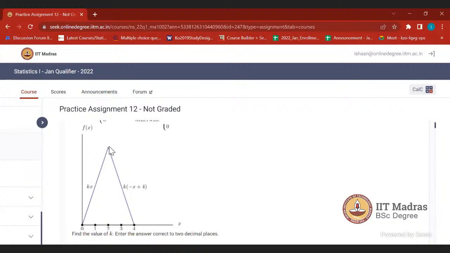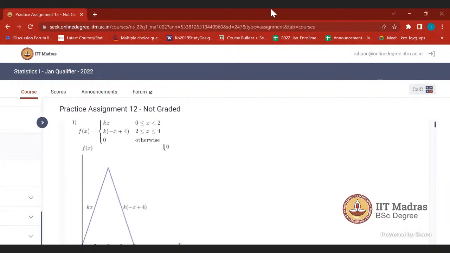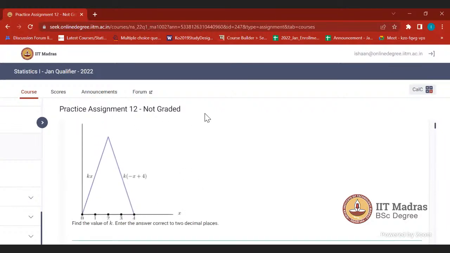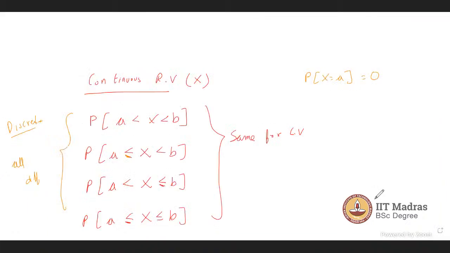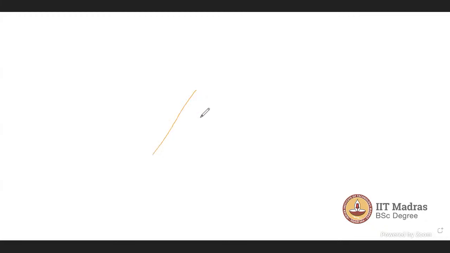Okay. The equation of the line is kx, right? And the other line is minus x plus 4. The equation of the line, he says it's f of x, right? F of x means it's the value on the y-axis, I think.